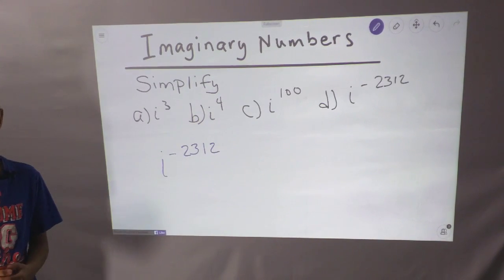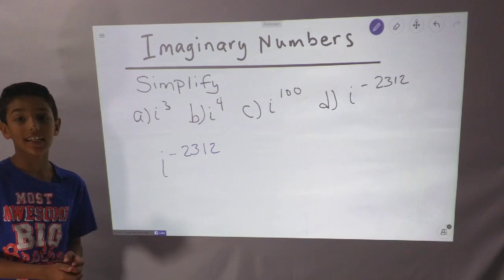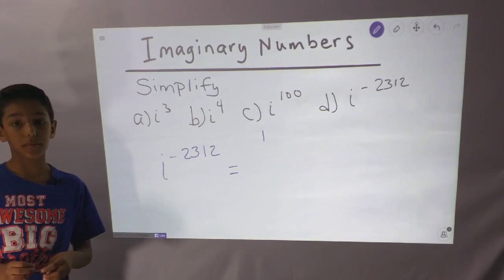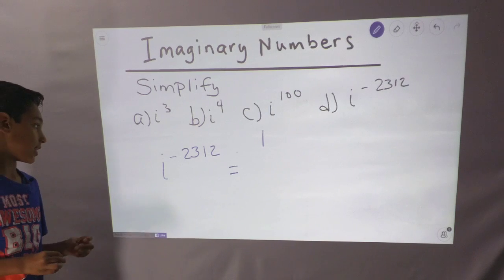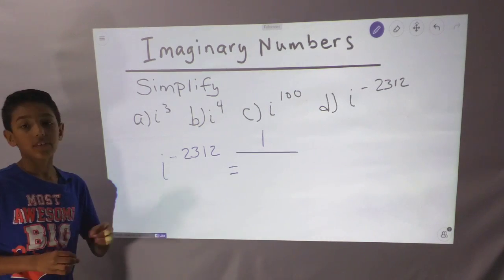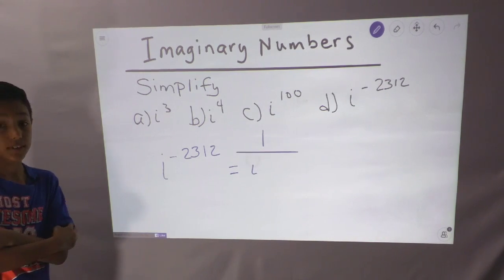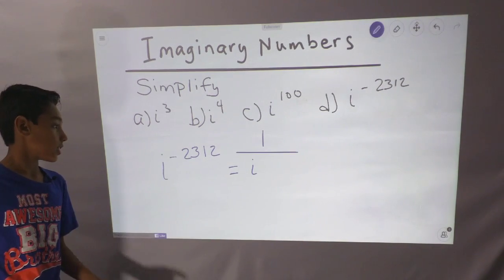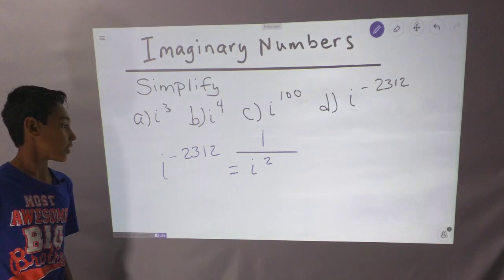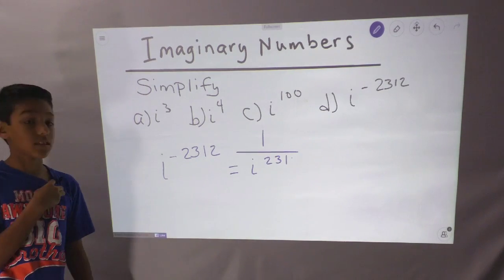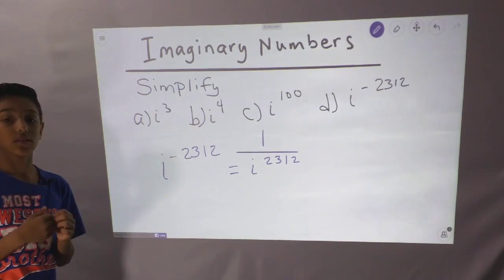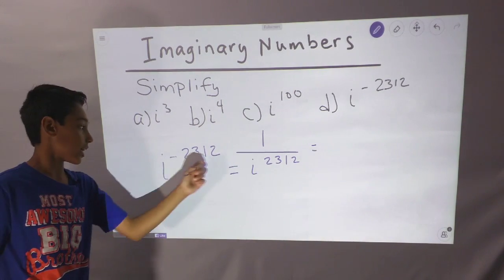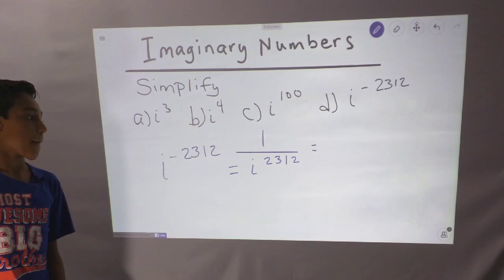So now let's move on to D. i to the -2312. This may look hard, but you have to go through the basics. If you have a negative exponent, you do the reciprocal. So 1 over i to the power of 2312 is the reciprocal of this, and remember to take out the negative when you do the reciprocal.